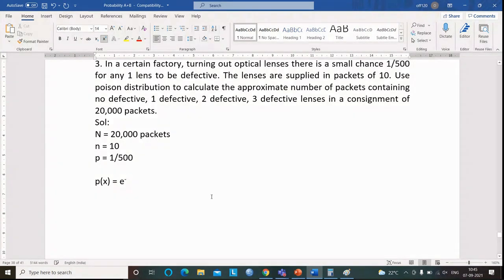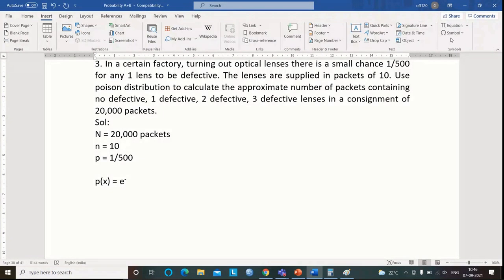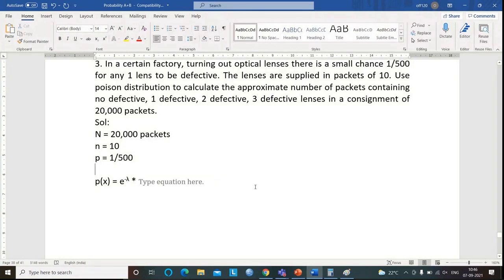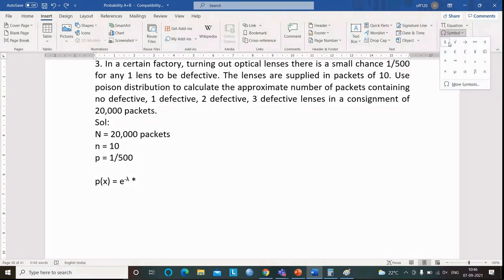e power minus lambda into lambda power x, whole divided by x factorial, e power minus lambda into lambda power x by x factorial, where x is ranging from 0, 1, 2, 3 dot dot dot.